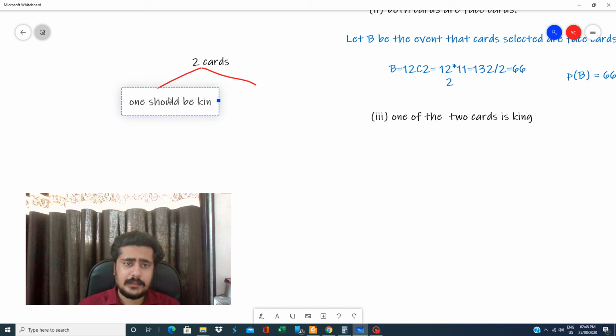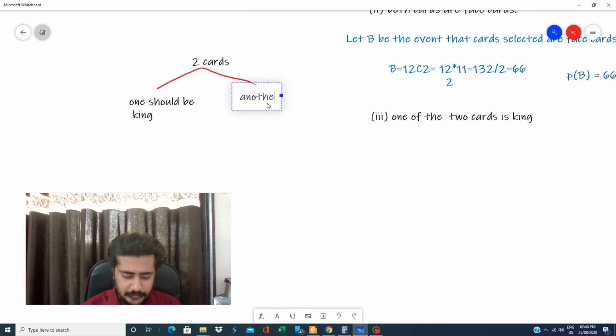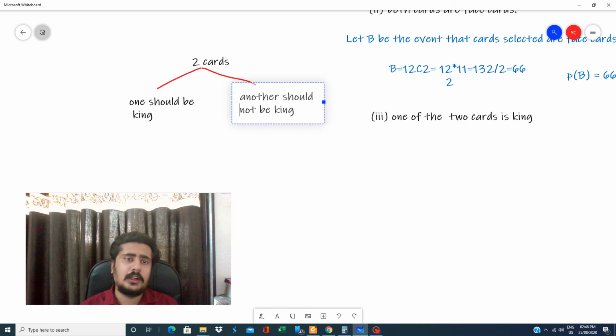Now, if they are asking that one should be king, it goes without saying that another should not be king. See, they asked you that one of the two cards is king. That means out of two, only one should be king. That means the other is not king.